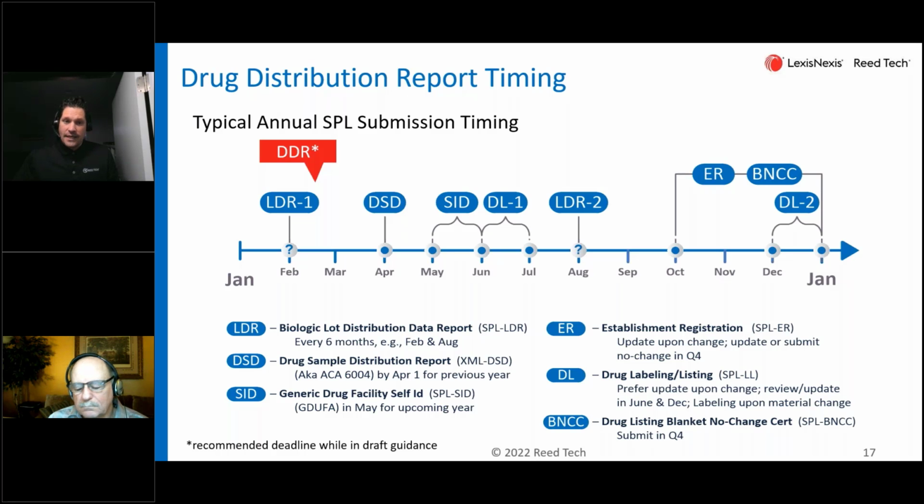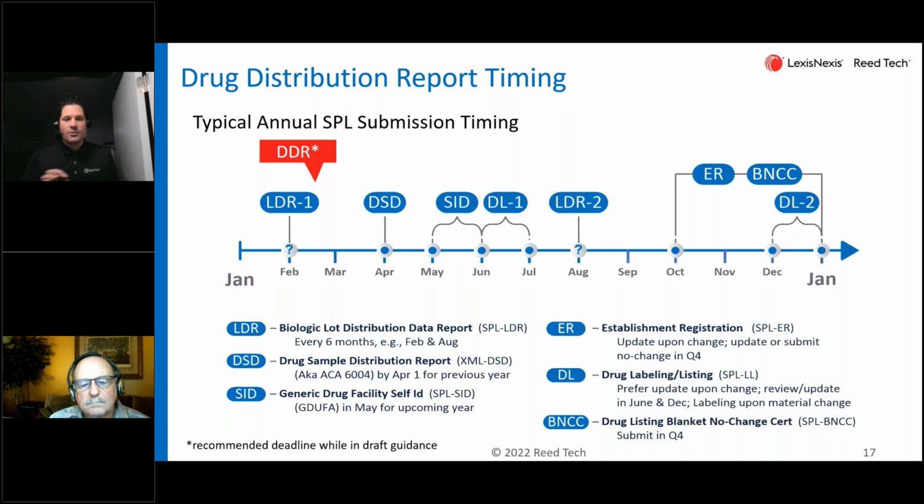This might not be the exact timing for your BLAs or vaccines, but the electronic lot distribution report is typically submitted 2 times per year, and it's usually based on when your BLA was approved. That doesn't wipe away the DDR. Gary had mentioned earlier, there's really only 2 subsets of the biologics industry that have been given a waiver here, at least right now.